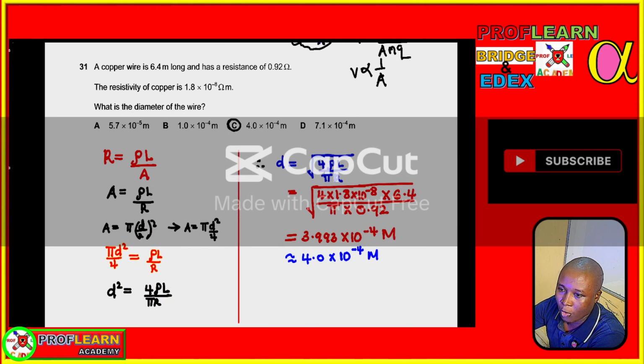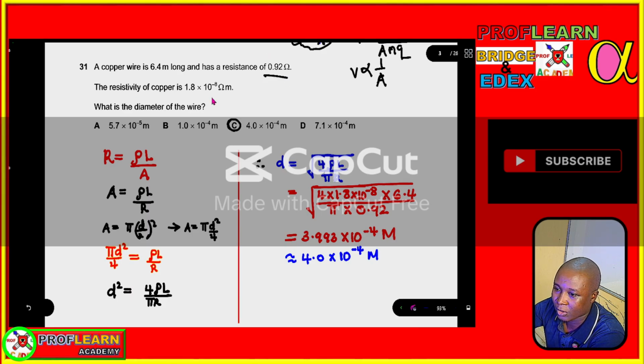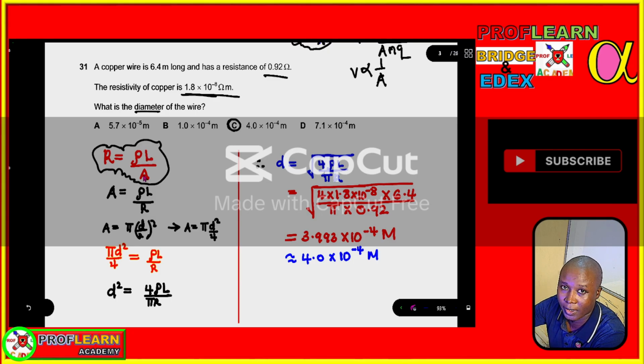Next, a copper wire is 6.4 centimeters long and has a resistance of 0.92 ohms. The resistivity of copper is 1.8 times 10 raised to power negative 8. What is the diameter of the wire? In order to answer this question, we need to understand that resistance is equal to resistivity times length over cross-section area.